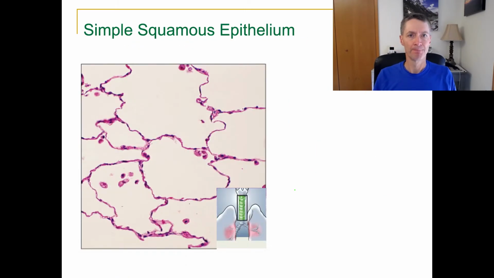All right. Now, simple squamous epithelium. Remember now that simple means one layer, okay? Now, it would make sense that one layer is not going to be as protective as many layers, right? This is still an epithelium, so it's going to be a surface. So one of the first things I'm looking for with an epithelium, again, is white space.